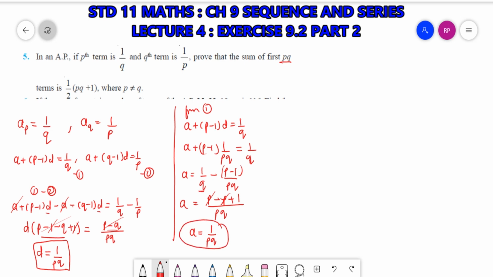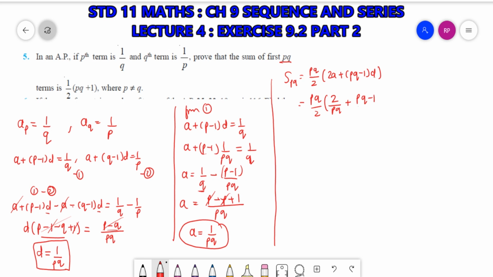Now we need to find out the sum of the first PQ terms, meaning S of PQ. The formula is n by 2. Here what is n? PQ. So PQ by 2, [2a plus (n minus 1)d], meaning (PQ minus 1)d. So PQ by 2, instead of a, I will use 1 upon PQ plus (PQ minus 1) d, that is also 1 upon PQ.